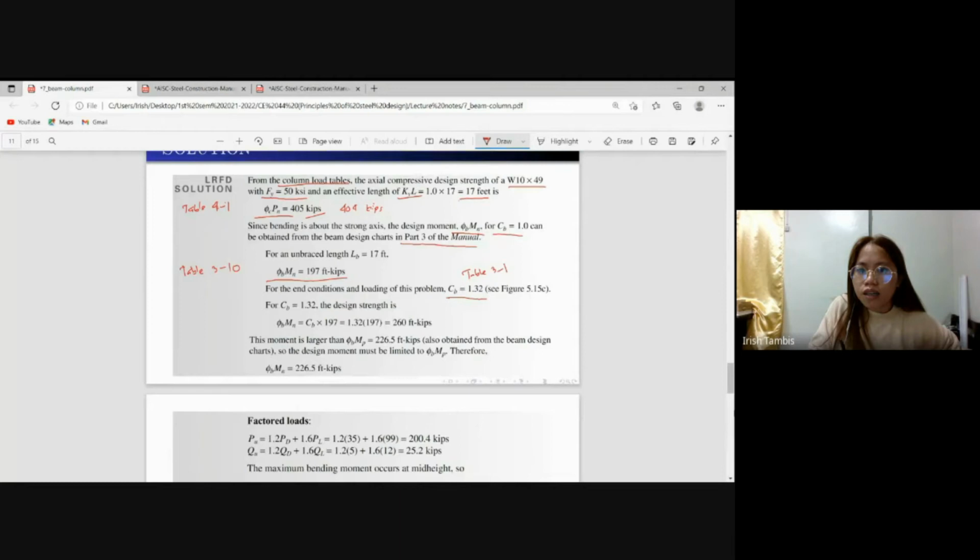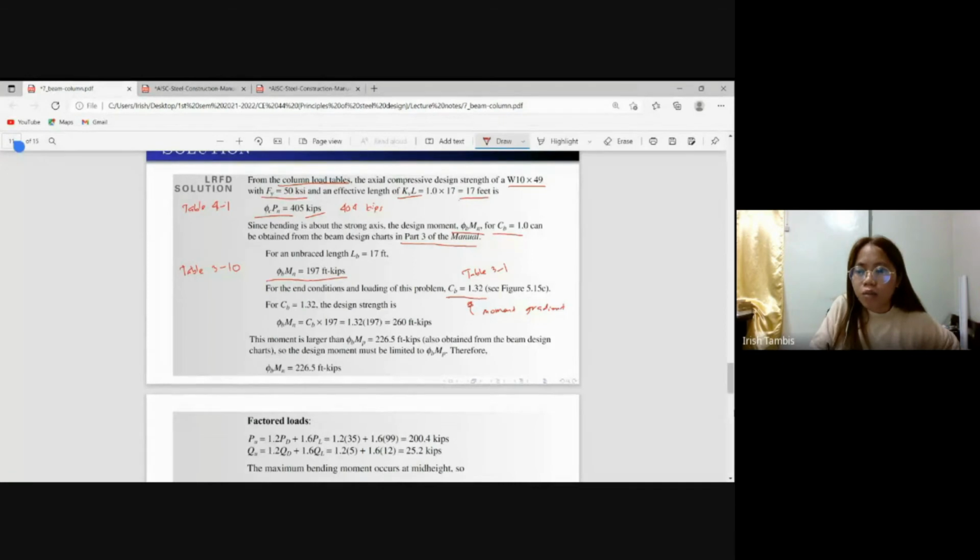And remember, for the design strength, this C sub B should be multiplied with your resistance factor times the nominal strength, to account for the moment gradient.